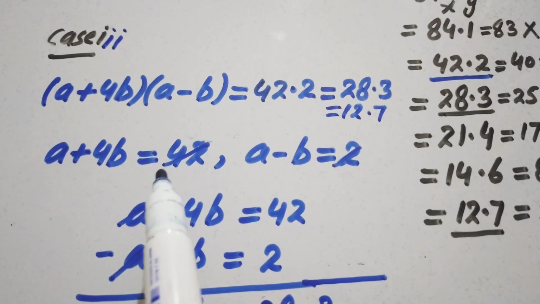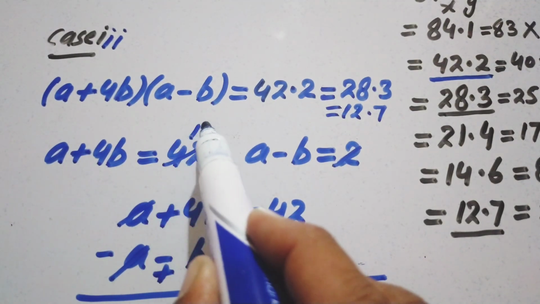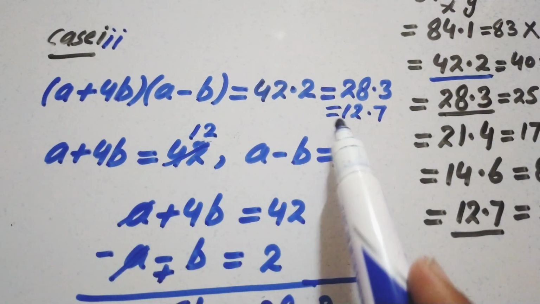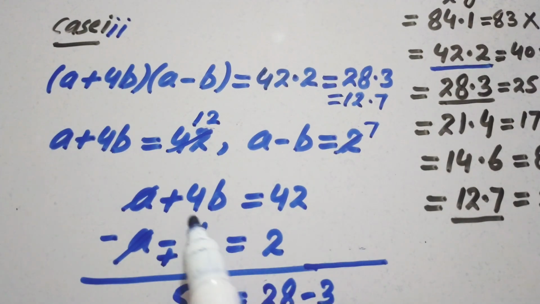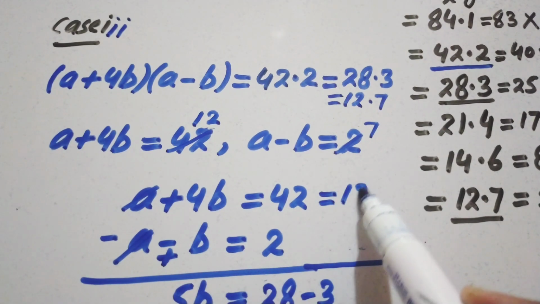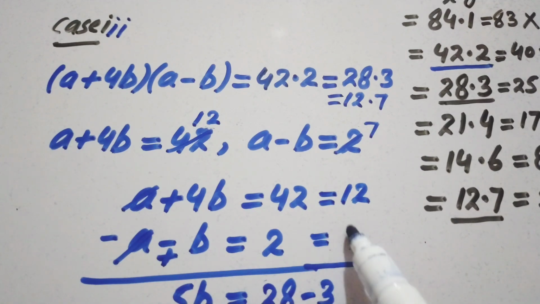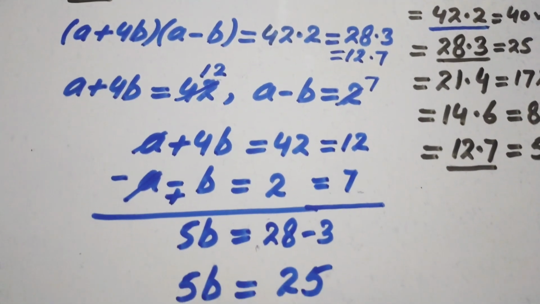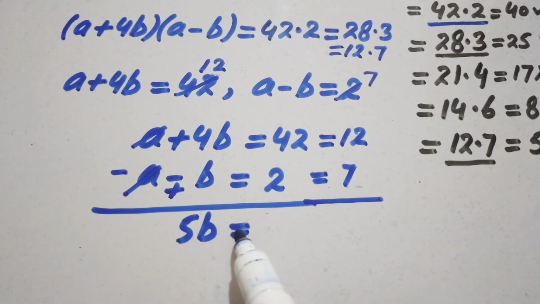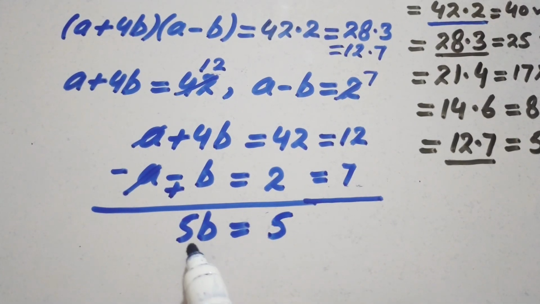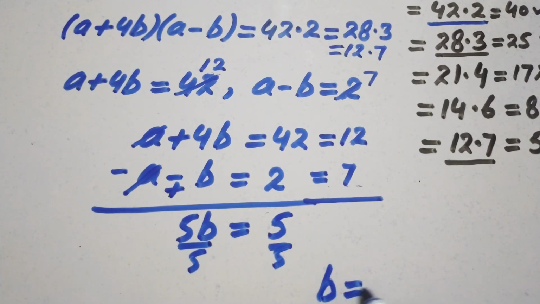Here a plus 4b is equal to 12 and a minus b is equal to 7. Subtracting these two equations, 5b is equal to 12 minus 7, which is 5. Dividing both sides by 5, we get b is equal to 1.